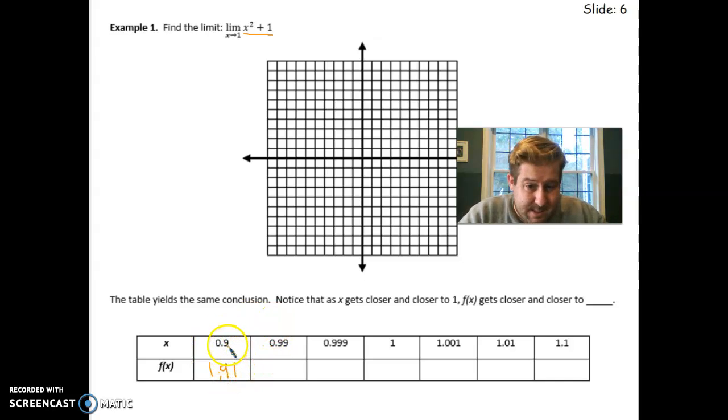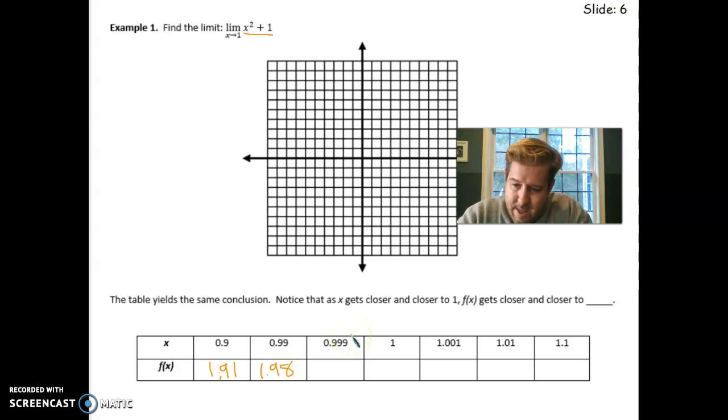And so that's tenths. So I want to find the limit at 1. So I'm going to keep getting closer and closer and closer to that value. So once again, I'm going to calculate a value, but this time I'm going to put in 0.99, which is a little bit closer to 1, and it's going to give me about 1.98.